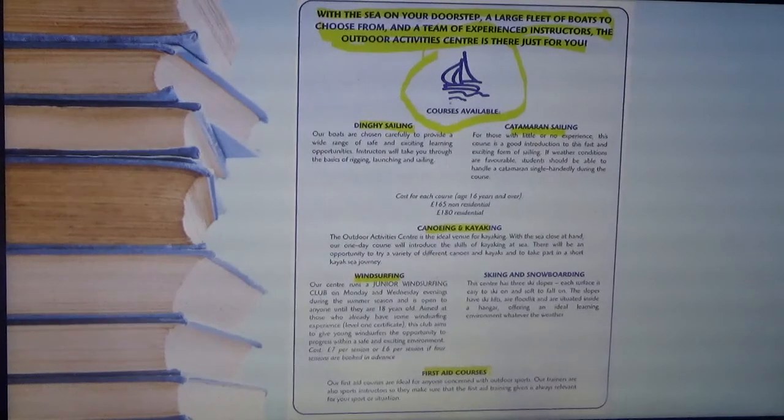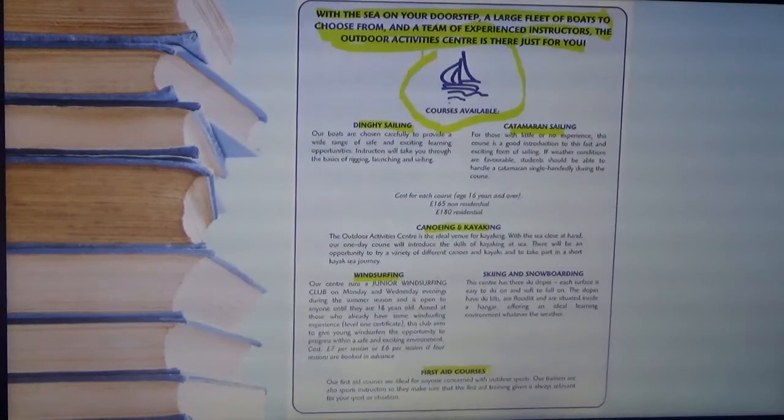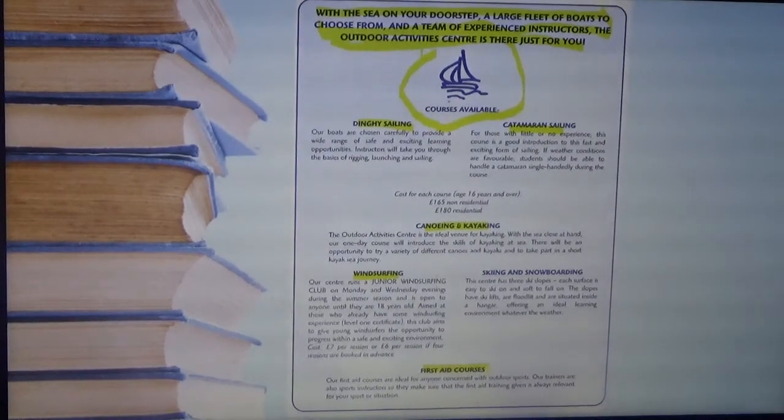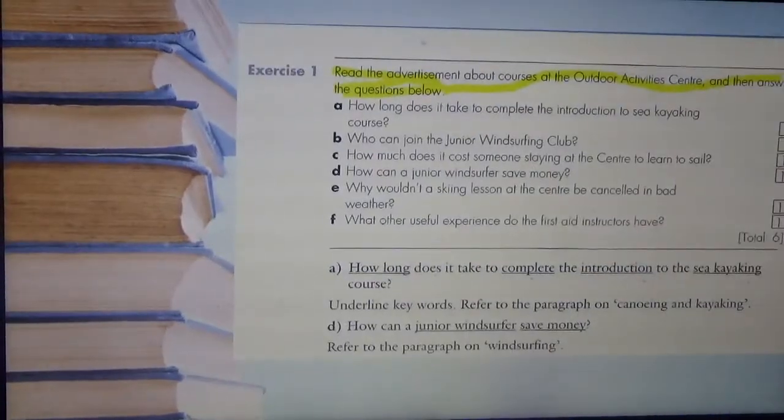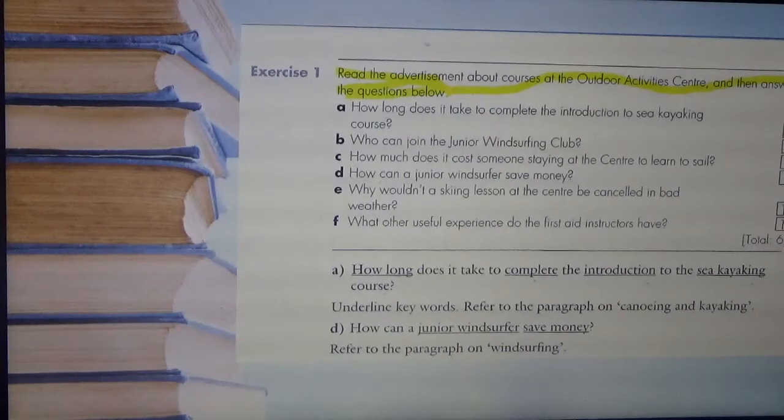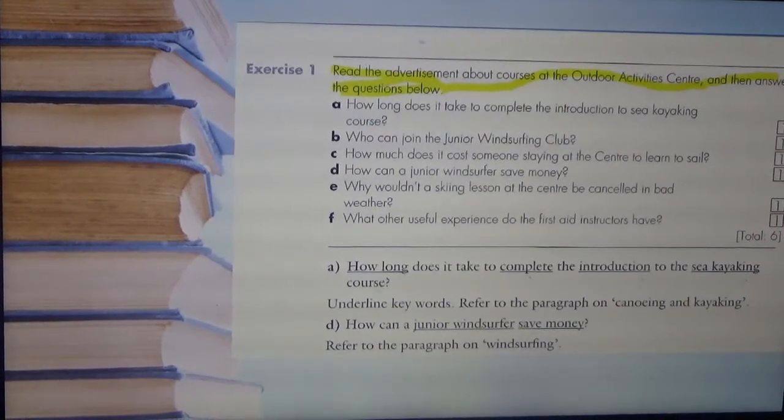Okay, it is a hint given from your textbook that we should not read the text first. So after reading the introduction to the exercise, we will go to the passage. It says read the advertisement about courses at the Outdoor Activity Center and then answer the questions below.